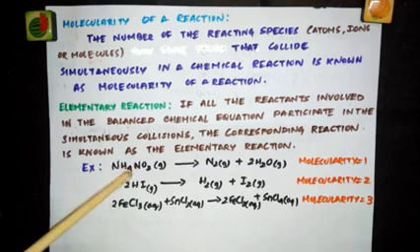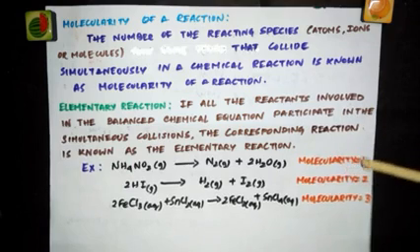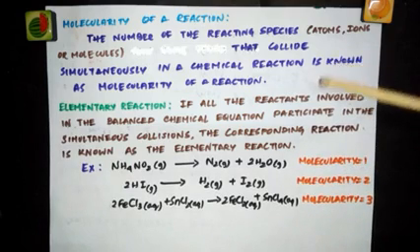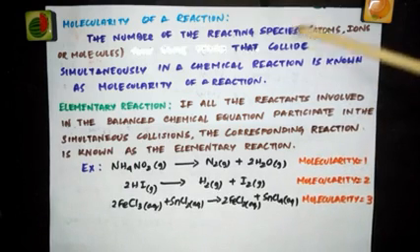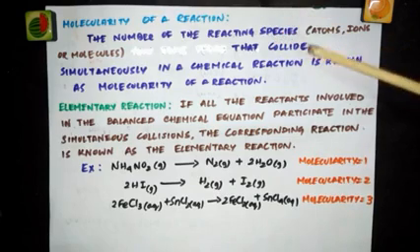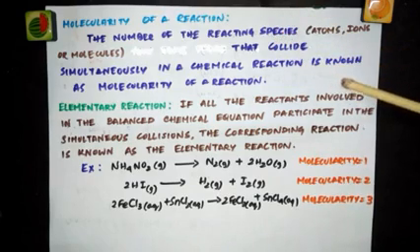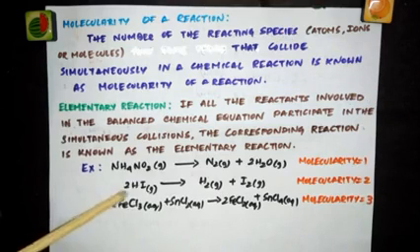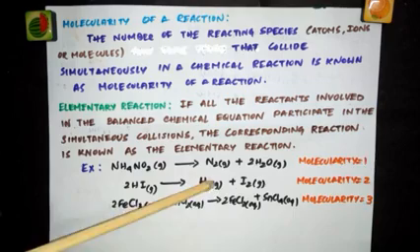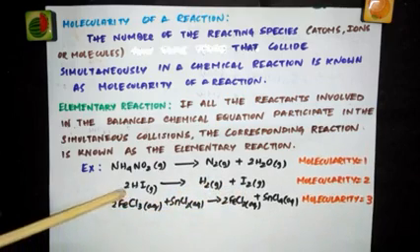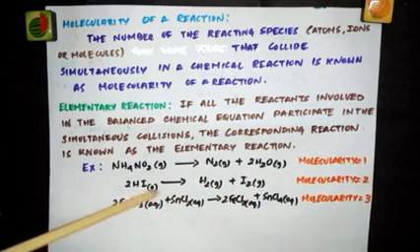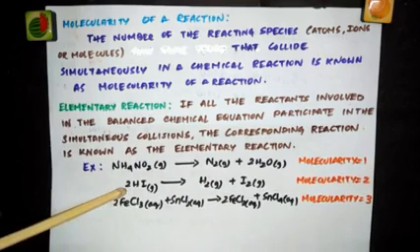What is the molecularity of this reaction? We have just one reacting species, so the molecularity is equal to 1. I repeat, what is molecularity of a reaction? The number of reacting species that collide simultaneously in a chemical reaction. Look at this example, 2HI giving you H2 plus I2. The molecularity according to this balanced equation is 2.